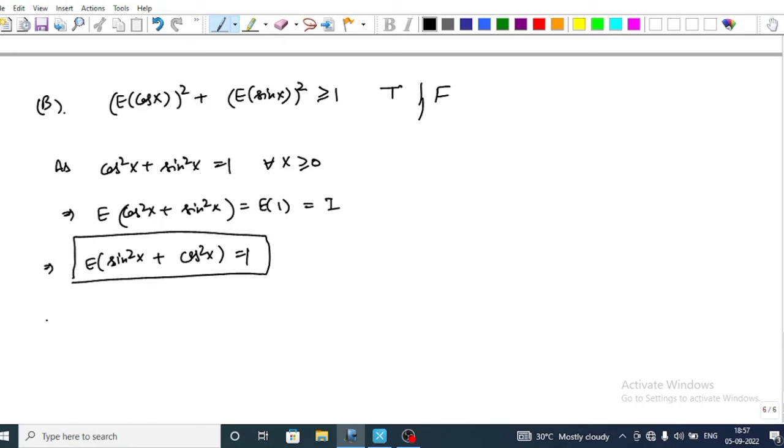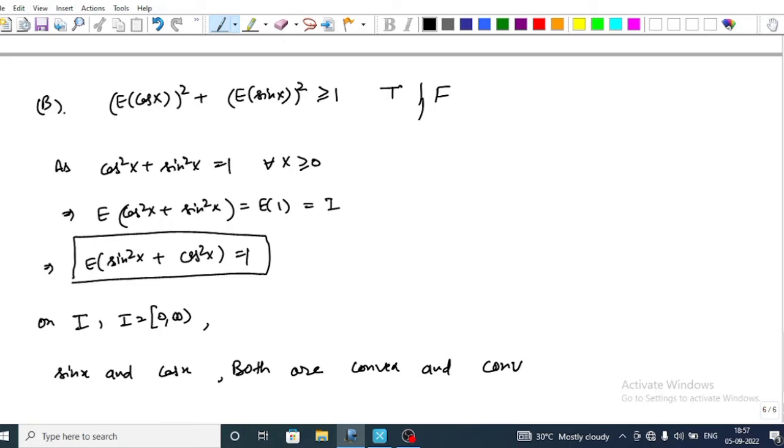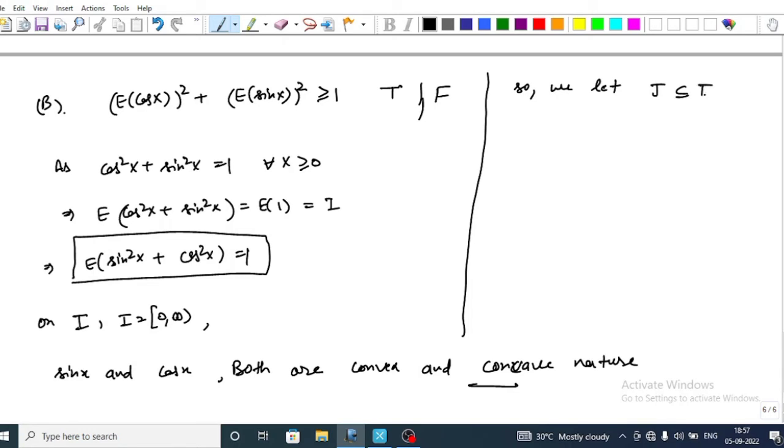Now as we know that on I, that is I is equal to 0 to infinity, sin x and cos x both are of convex and concave nature, so we let J subset of I such that sin x and cos x both are concave.